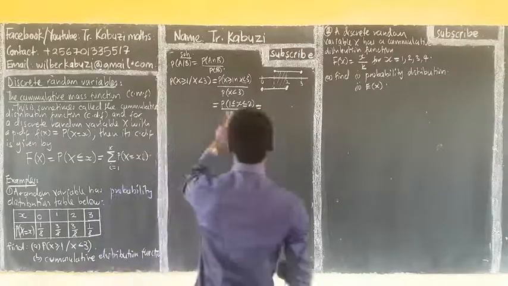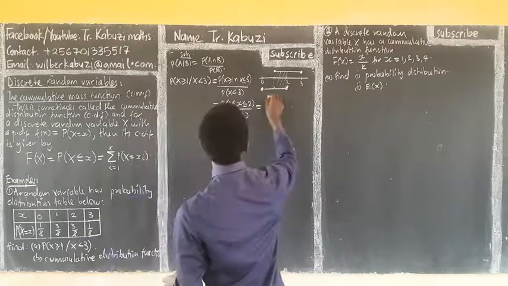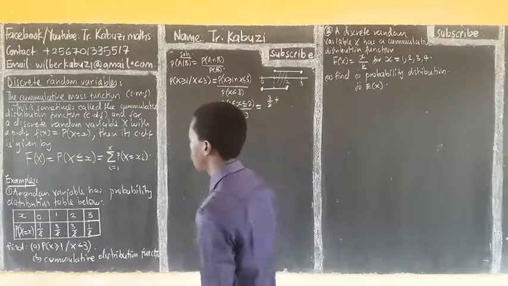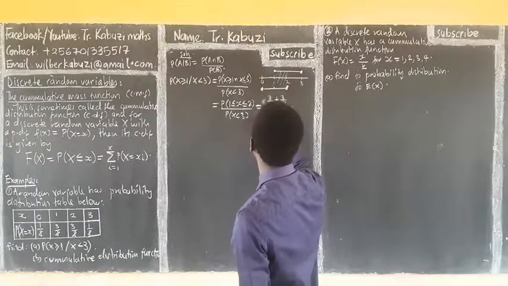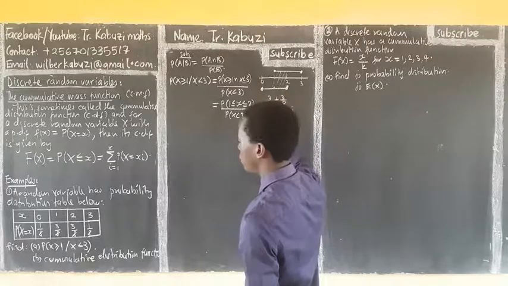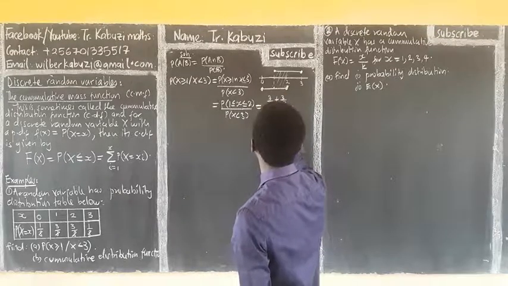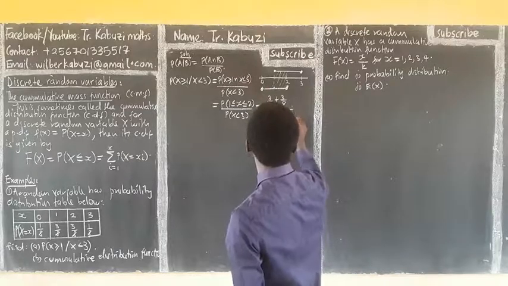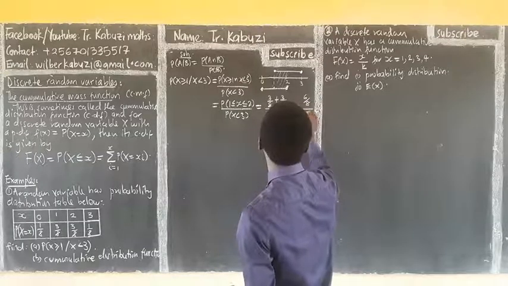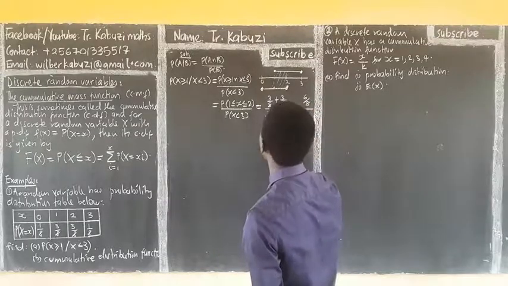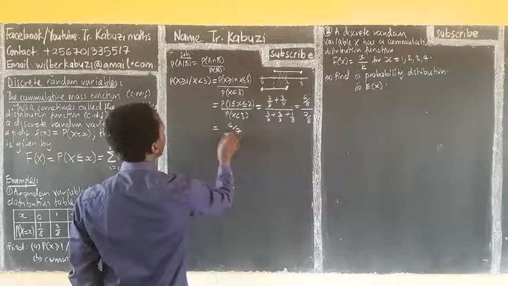This will be the probability of 1, which is 3 over 8, plus the probability of 2, which is also 3 over 8. They are all over: less than 3, we start from 2. So the probability of 2 is 3 over 8, the probability of 1 is 3 over 8, then the probability of 0, which is 1 over 8. When we sum up, we have 6 over 8. When we sum down, we have 7 over 8. And so this probability here is going to be 6 over 7.